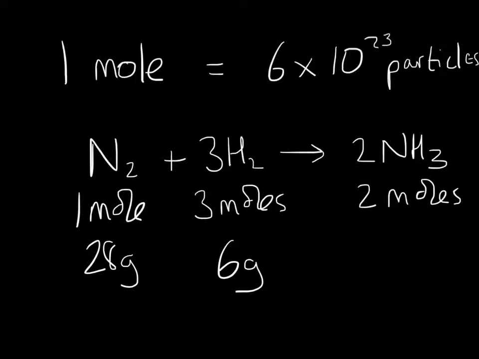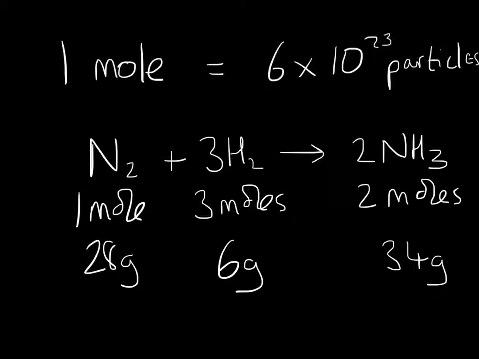It's then a very short step indeed to work out that 2 moles of ammonia, where nitrogen has a relative atomic mass of 14 and hydrogen has a relative atomic mass of 1, 1 mole of ammonia has mass 17 grams, therefore 2 moles of ammonia has mass of 34 grams.